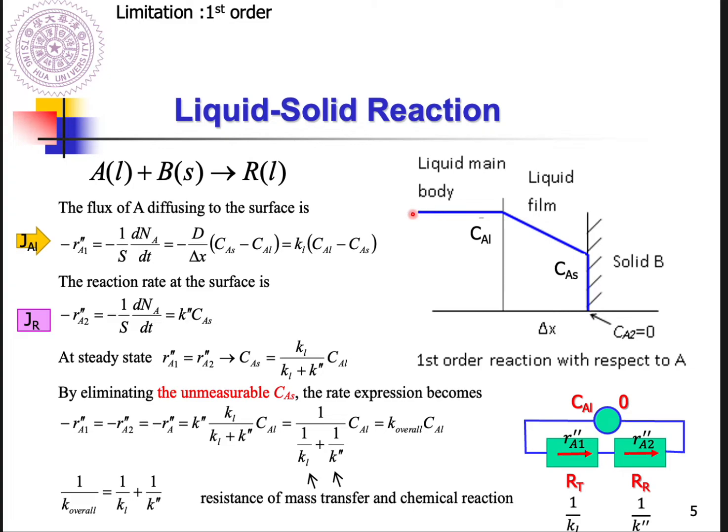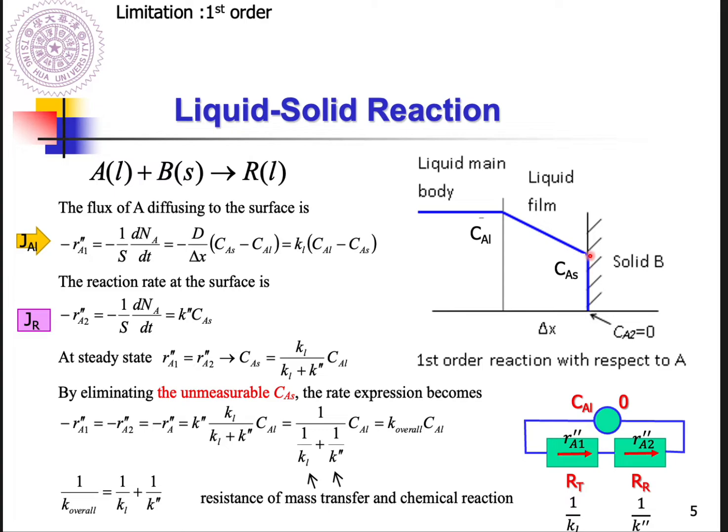So here, we try to plot the concentration of reactant A in blue. So we have C_AL in the liquid main body, which will keep uniform. In the liquid main body, the concentration of reactant A is constant. But when the molecule of reactant A transports or diffuses through this liquid film layer, the concentration will decrease as a function of location.